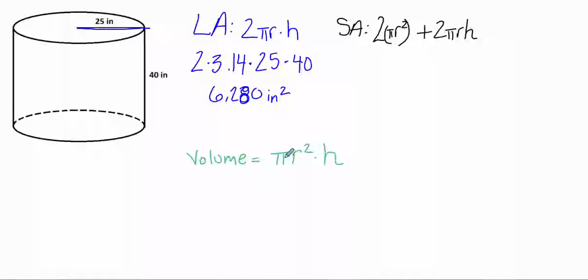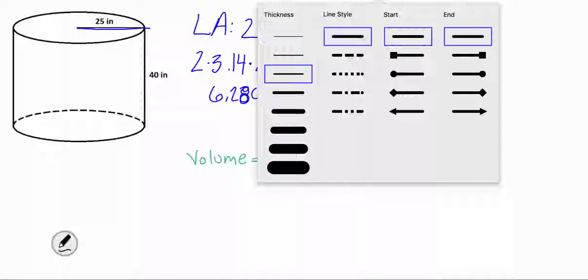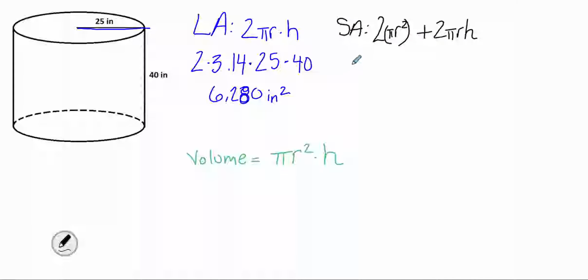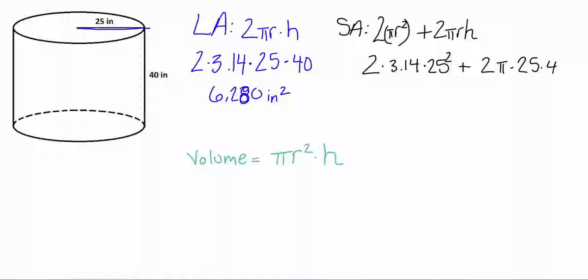Okay. Surface area, if I did not find lateral area first, for some reason, and I didn't have this information, then for surface area I have to go through this whole process. 2 times 3.14 times the radius, which is squared in this example, because I had to find the area of that circle, plus 2 pi, radius, which is 25, the height, which is 40.